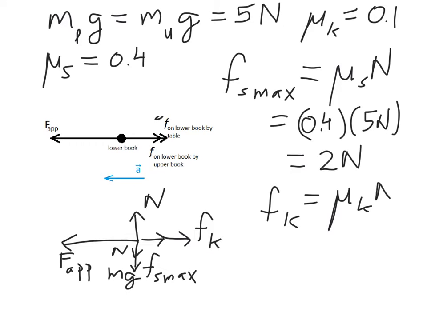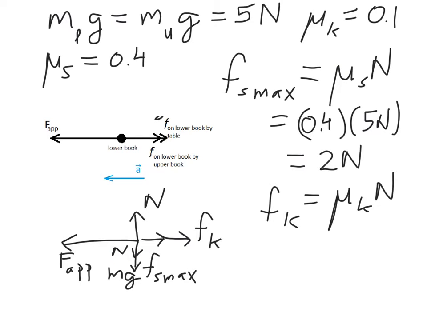But which N? Which surfaces are we talking about? This kinetic frictional force is between the table and the lower book. So the normal force that we want is also between the table and the lower book. In other words, it's this one. But this normal force has to balance out both of these, the weight of the lower book and the normal force due to the upper book.